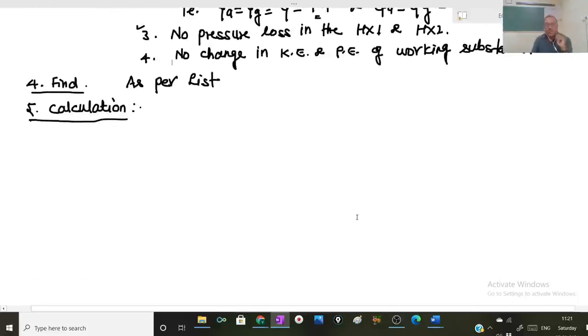Now, before going into the detail of calculations, one more thing I will suggest: whenever you are solving problems on cycles, thermal cycles, it is always a good practice to find out all the temperatures first, or enthalpy values first, whichever parameter is important.